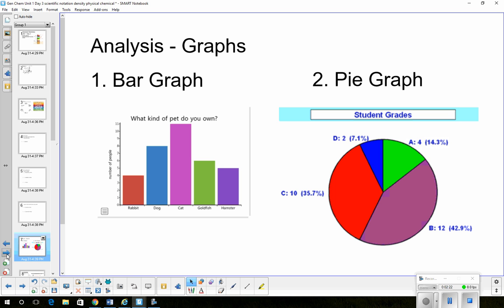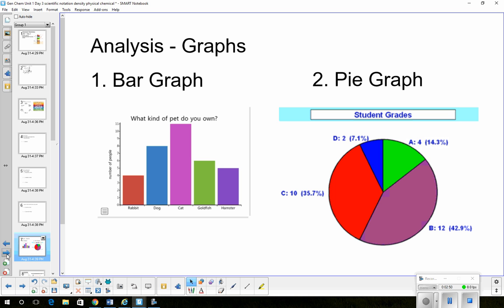Analysis is any kind of computations or organization of data. Okay, I'm not writing anything down here, but if you need it, write it down. Okay, so it's not just graphs. It's any mathematical equation or computation, anything that you do to it. So if I take two numbers and times them together, or two numbers and divide them, that's an analysis. Okay, because I'm doing something to those numbers.